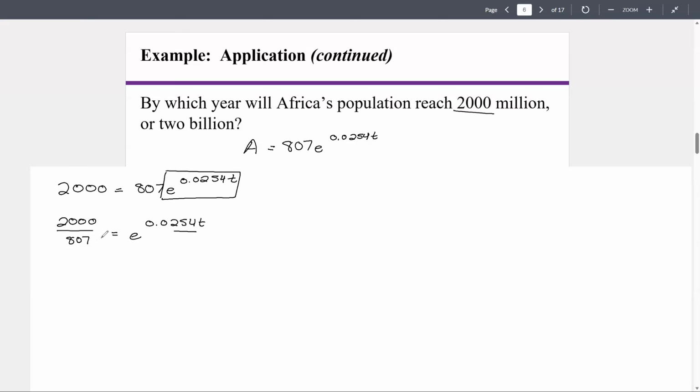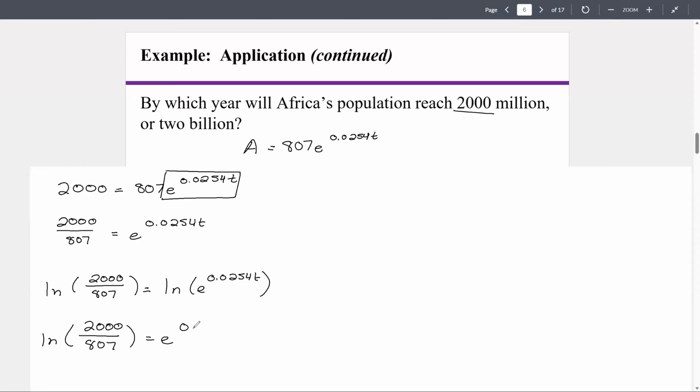Now if we do a natural log of both sides, natural log of 2,000 divided by 807 equals natural log of e to the 0.0254 t. We don't need the e anymore.